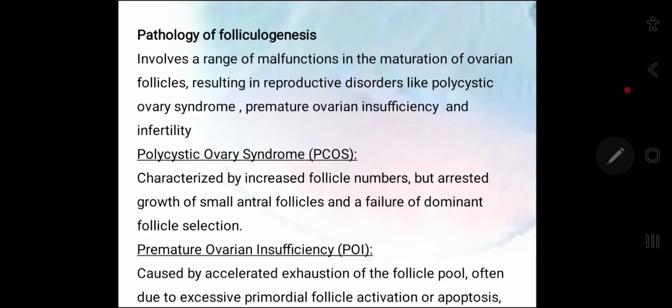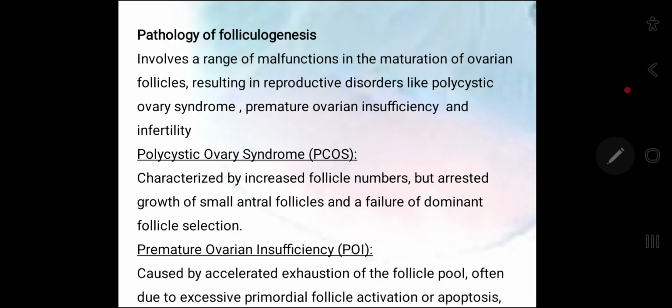At the end of this lecture, these are examples of pathology or abnormality of folliculogenesis. Two examples: polycystic ovary syndrome and premature ovarian insufficiency. In polycystic ovary syndrome, there is arrest of antral follicle growth and failure to form a dominant or pre-ovulatory follicle.